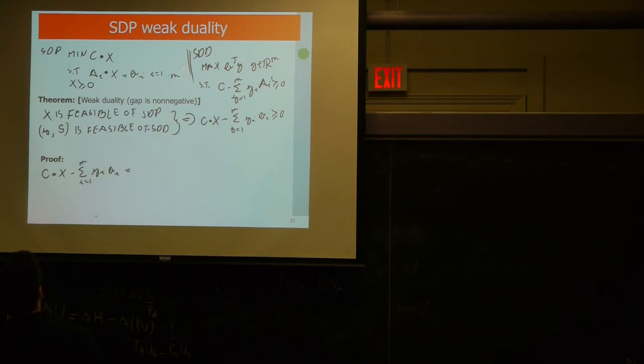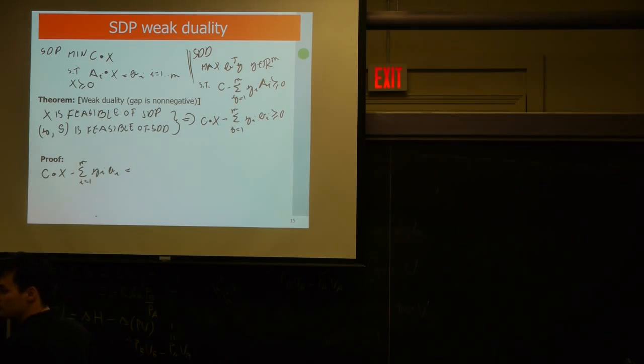S is this difference here, C minus this. That's S. That should be PSD, and y is just a vector.